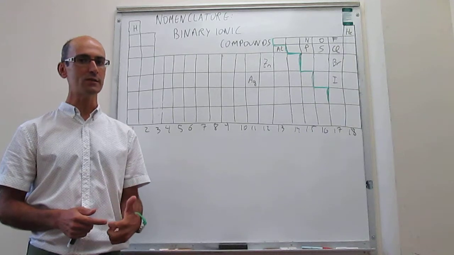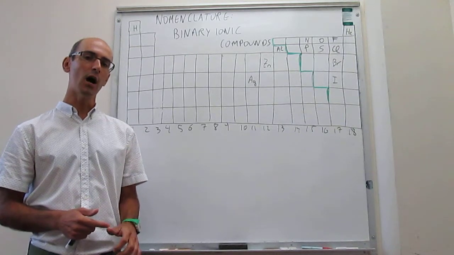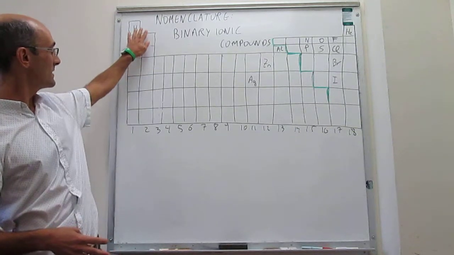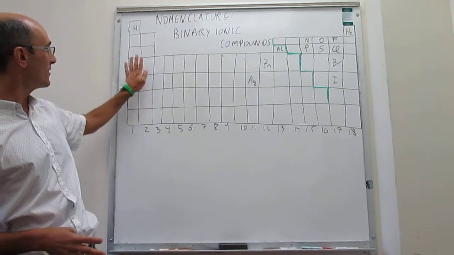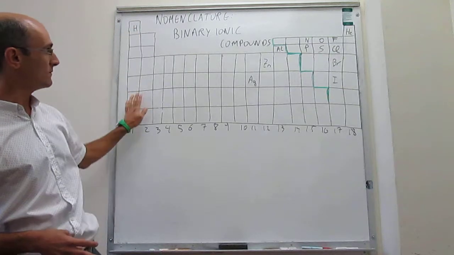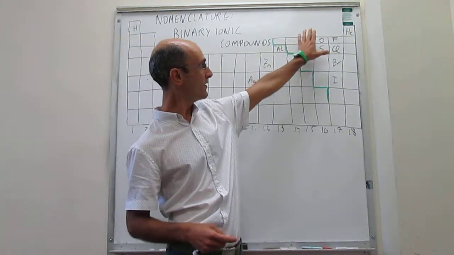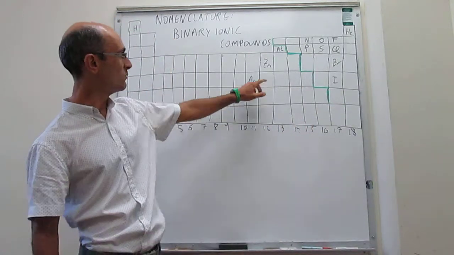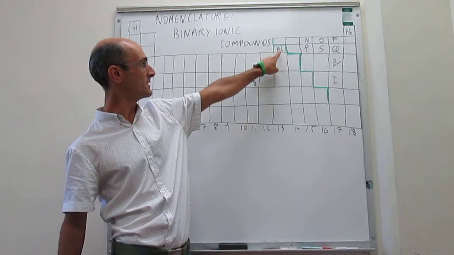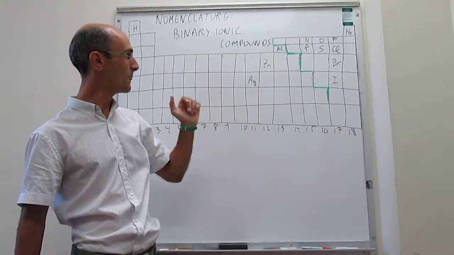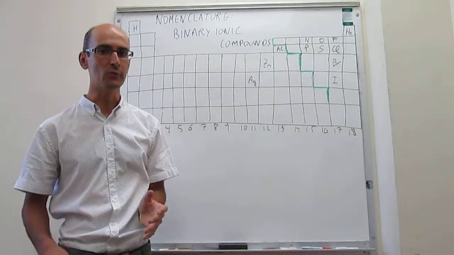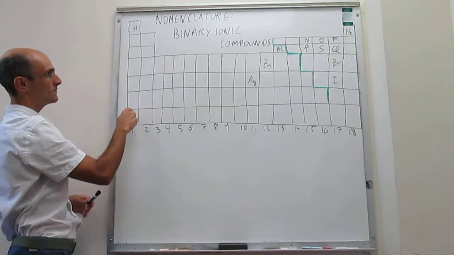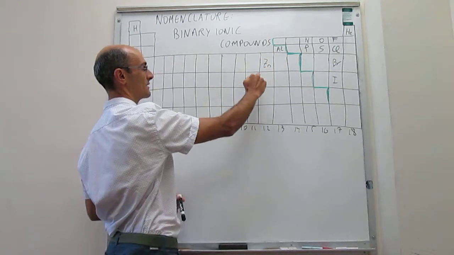The first class of binary ionic compounds are formed mainly by cations that are formed by atoms in these two columns, and then anions formed by those elements. There are some exceptions: aluminum, zinc, and silver, which form cations. Again, the cations come either from these two columns, or are aluminum, zinc, and silver.